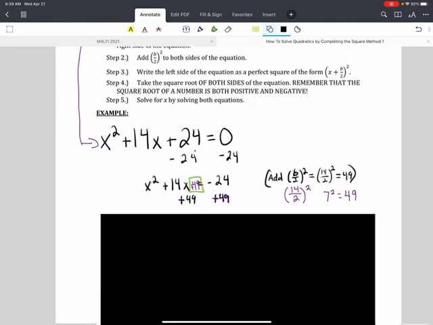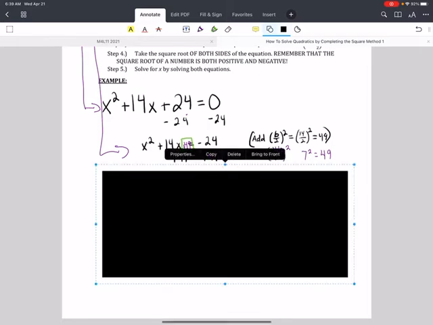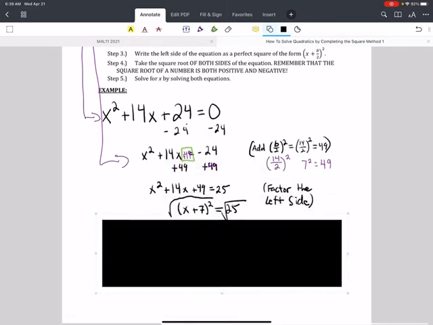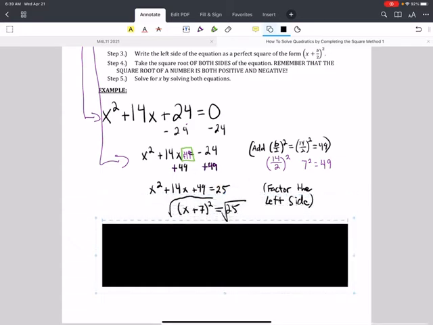Okay, and then our directions say the next step, let me draw this. Step 3, write the left side of the equation as the perfect square of the form x plus b over 2 squared. This is what it would look like right now: x plus 7 squared equals 25.